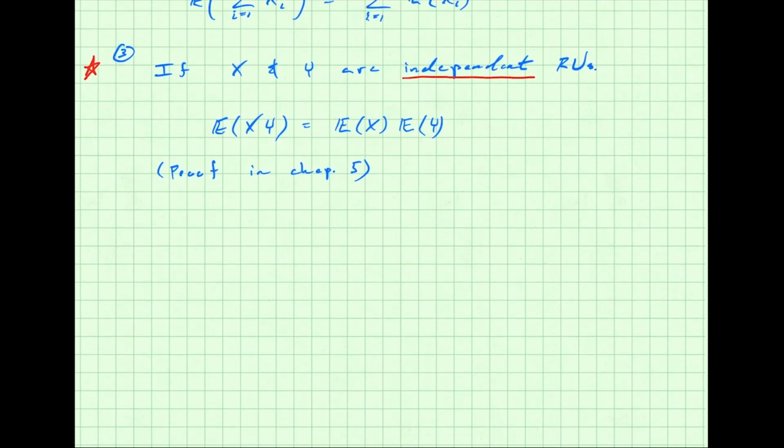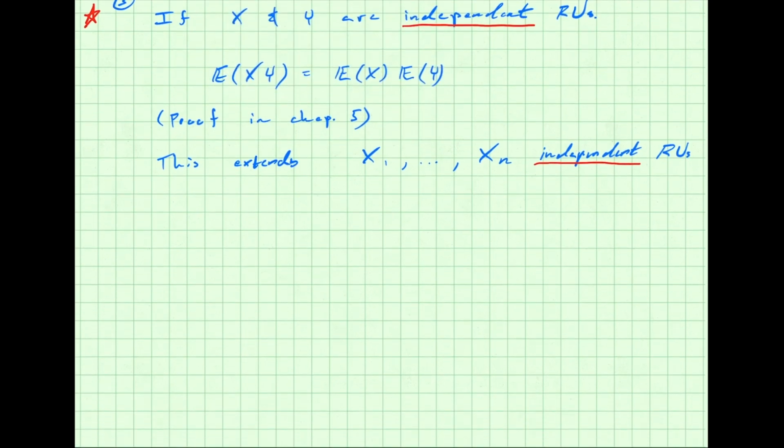Okay, and then again, this also extends. If you have x1 up to xn, and those are all independent random variables, again, it's super important that you remind yourself that they're independent. Otherwise, this just doesn't hold at all.